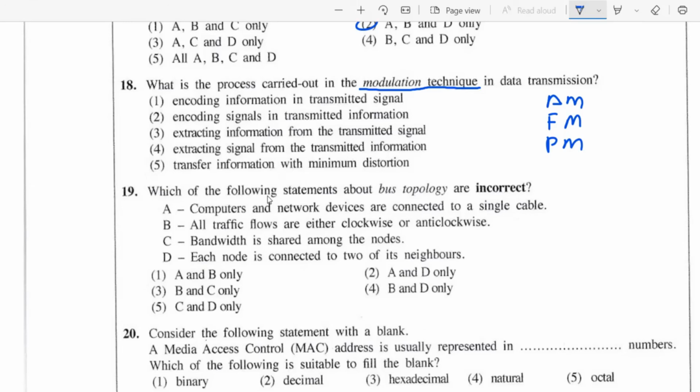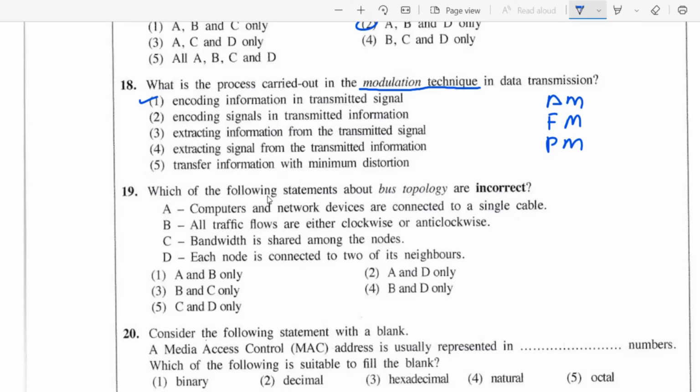Modulation uses two signals. One is the carrier signal. The other one is the signal carrying information. So one is correct. Encoding signals in transmitted information. No, signals are not encoded into information, but information is encoded into the signal.